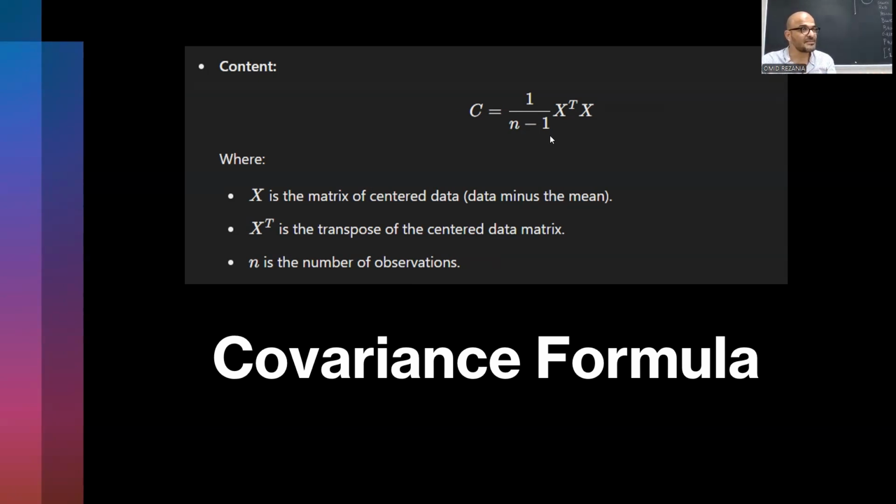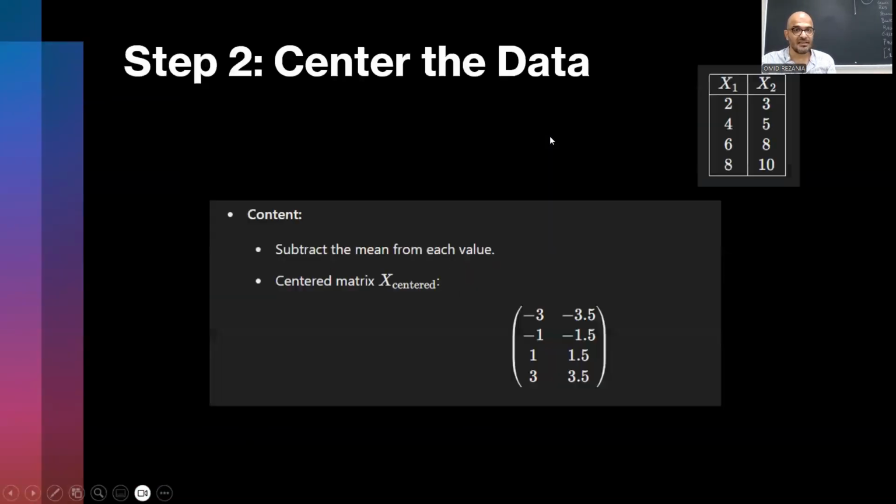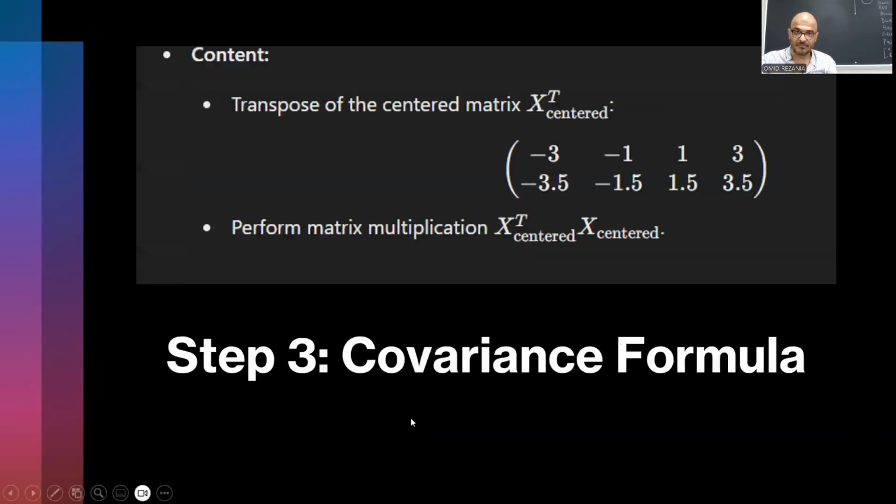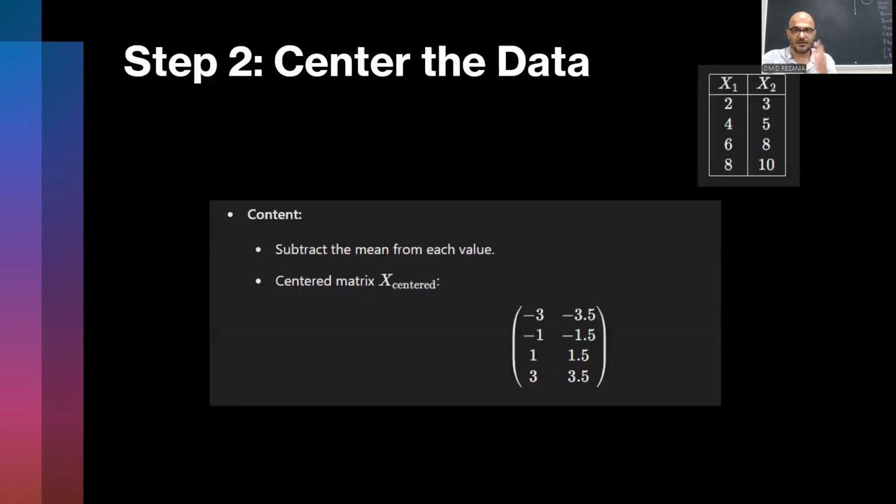It's the one that I produced here: -3, -1, 1, 3, -3.5, something like that. It represents my X. Now I have to transpose it. What was the transpose? Remember, if this is the original centered matrix, we said that the transpose, guys, look at that.